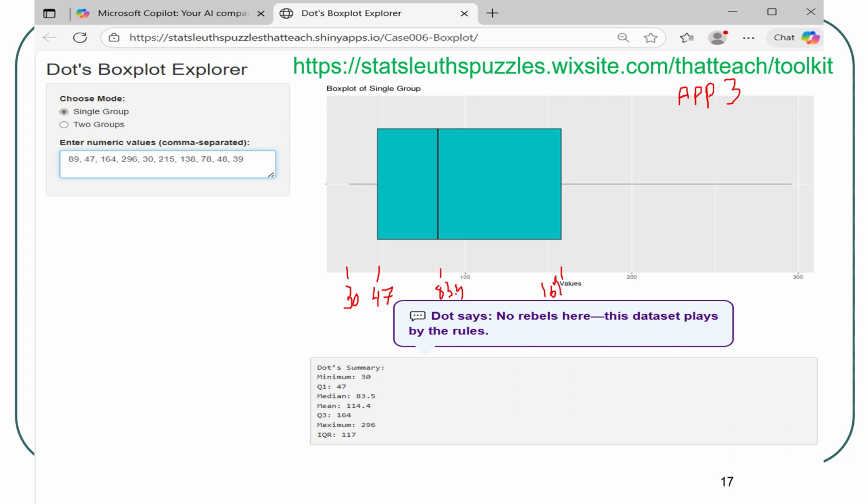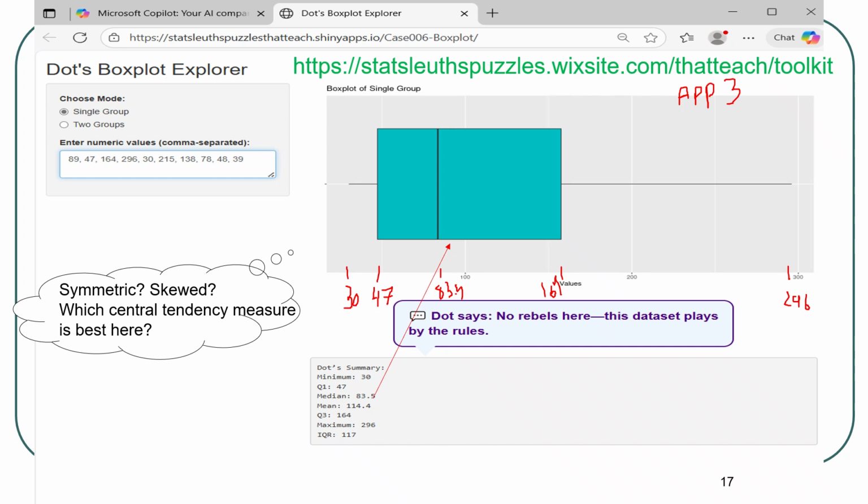And the maximum value was 296, and the mean was 114. So the mean is here with a value of 114.